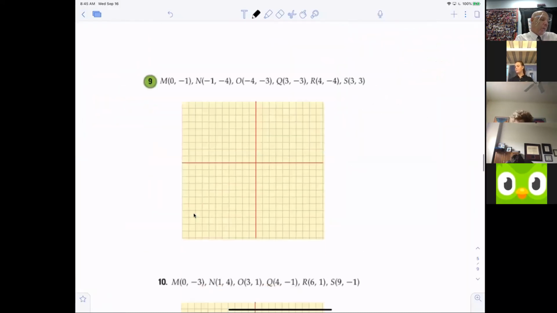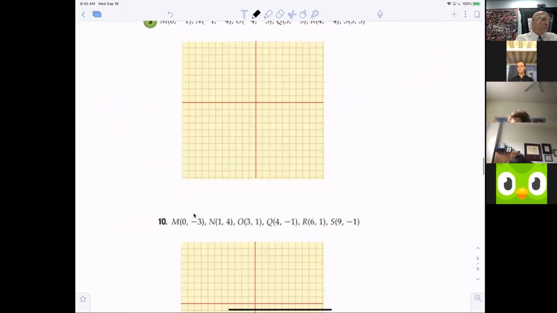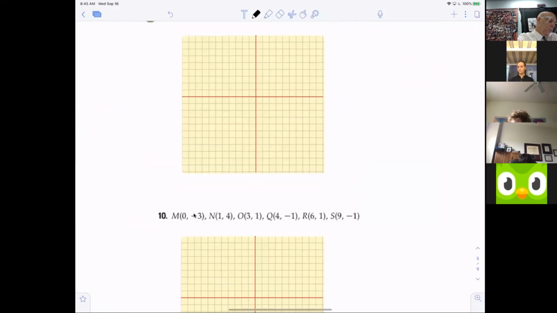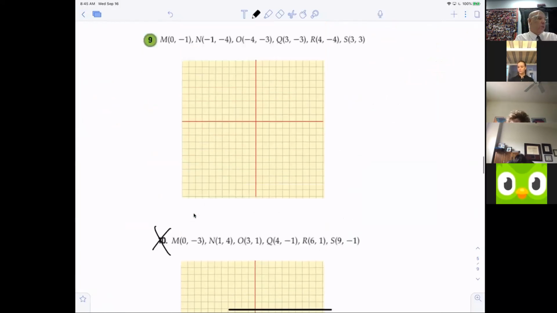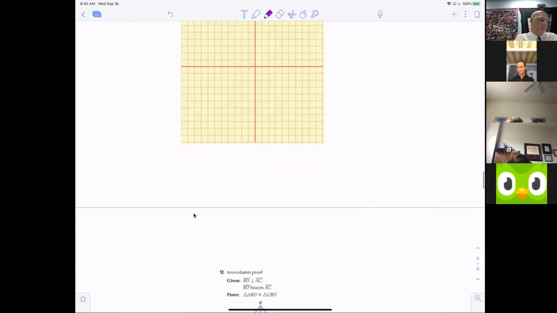All right, let's go down. I only gave you 2 more, so let's just do 1 more. If you want, you cross out 10. Just make sure, please, one of those is on the test, so make sure you practice doing that. So just do number 9. My homeschool peeps, just do number 9, cross out number 10.